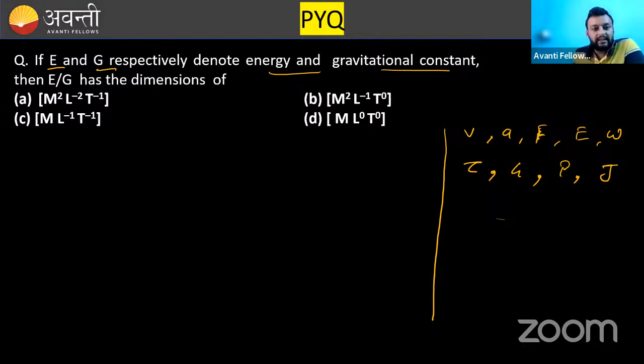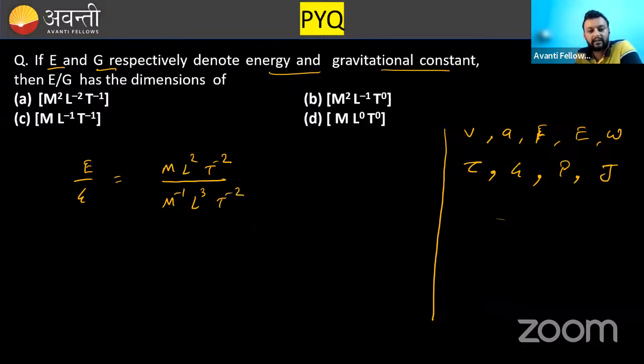So the question says E and G represent energy and gravitational constant. Then E upon G has the dimension of? E has a dimension ML²T⁻². Clear? And the dimension of G we have calculated as M⁻¹L³T⁻². I think that was correct. That's what we have calculated.